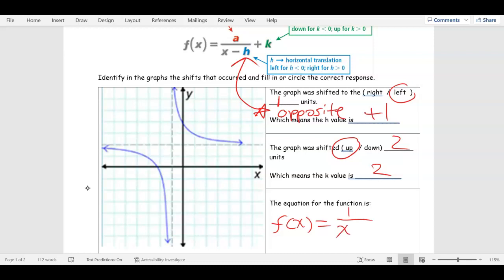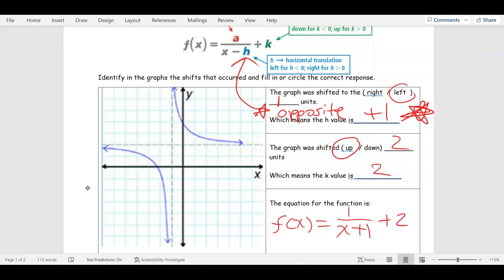Since it went to the left, the opposite of a negative, we put a +1, okay? So do you see why we did this up here where I'm starring? And then my vertical one goes after the fraction, and since it went up 2, +2 goes after, okay?